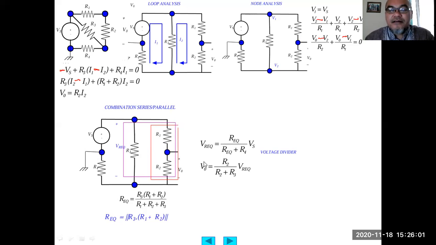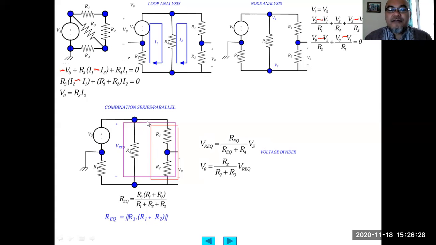Then V equivalent, the voltage across this point to this point, is R equivalent divided by (R equivalent plus R4) times Vs. So this is a voltage divider formula.